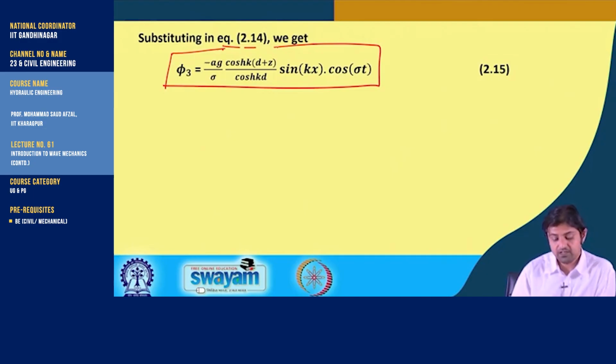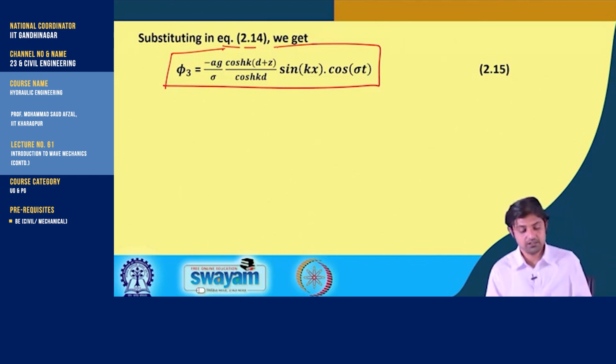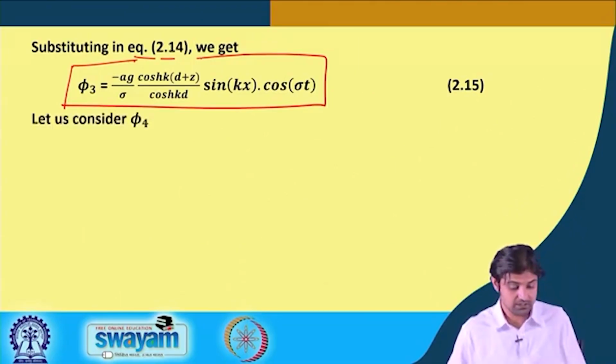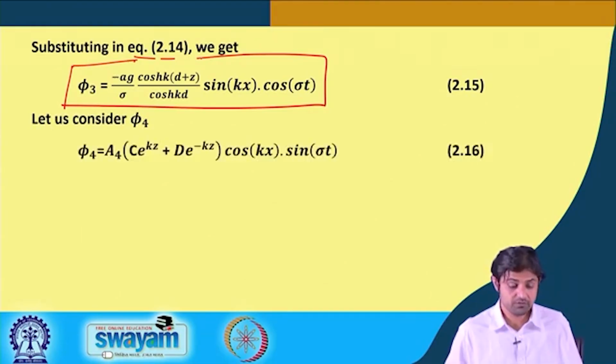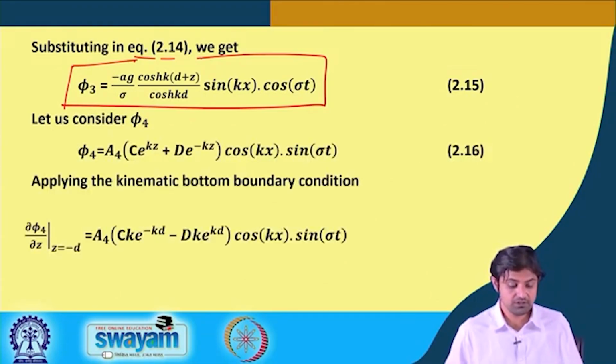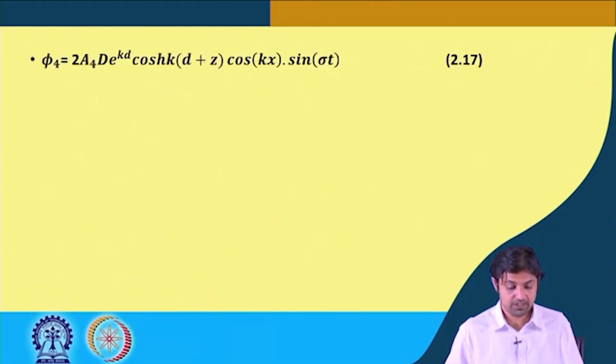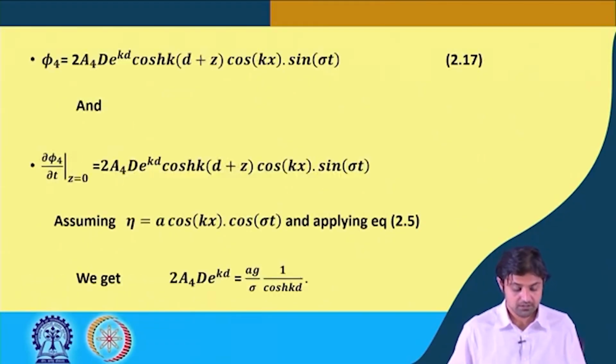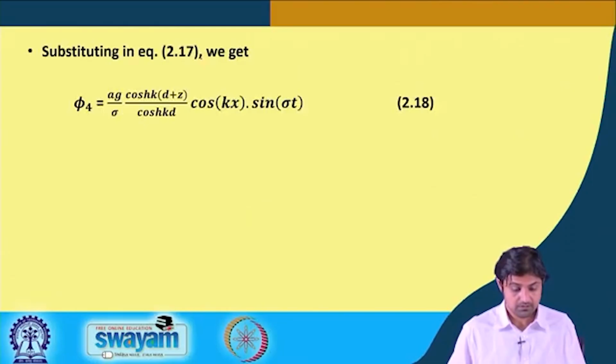So, phi 3 we get minus A g by sigma cos h k d plus z, and the same procedure we do for phi 4 for obtaining the values, and what we get is phi 4 is A g by sigma, a similar result.